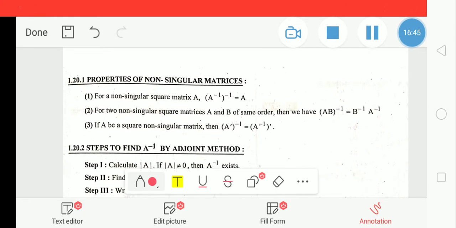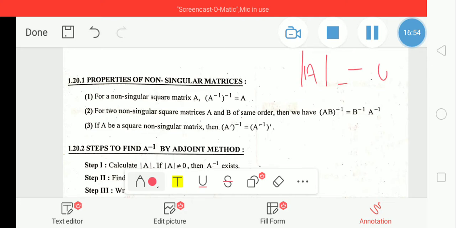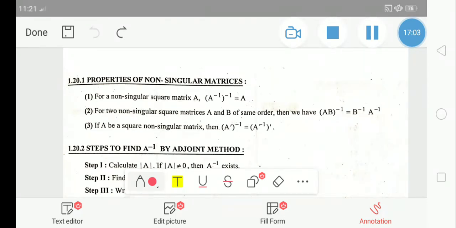Now, properties of non-singular matrix. We know that for a singular matrix, the determinant of A is equal to 0. So they give singular matrix, and not equal to 0 means non-singular matrix. First, for a non-singular square matrix A, the inverse of the inverse, A raised to minus 1 raised to minus 1, gives A. For two non-singular square matrices A and B of the same order, the order of both matrices will remain the same.